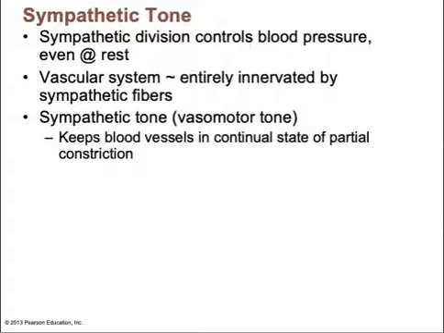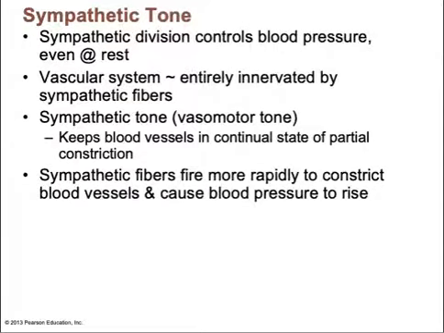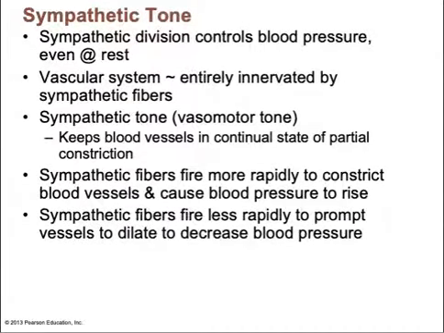The sympathetic division has exclusive control of blood pressure. The vascular system is entirely innervated by sympathetics, with the exception of the smooth muscle that surrounds the vasculature that allows blood into the clitoris and the penis, right? Sympathetic tone keeps blood vessels in a continual state of partial constriction, raising the blood pressure.